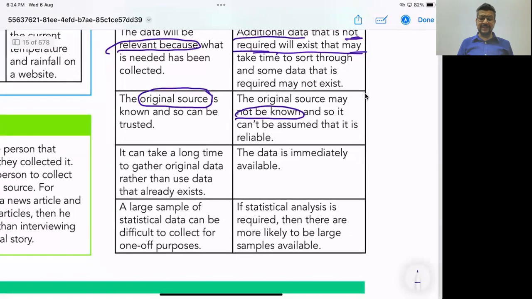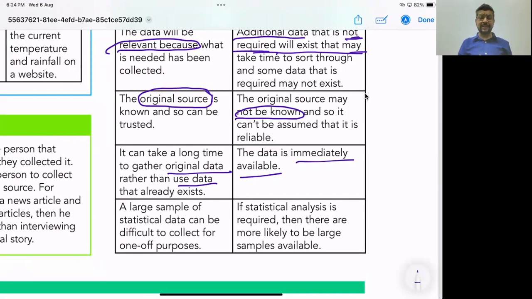It can take a long time to gather the original data rather than using data that already exists. Same thing, immediately available. You have to take a long time to gather it, but once you have the data, then you can use it immediately. There's no time required for collecting the data. This is the advantage we can add for indirect data.